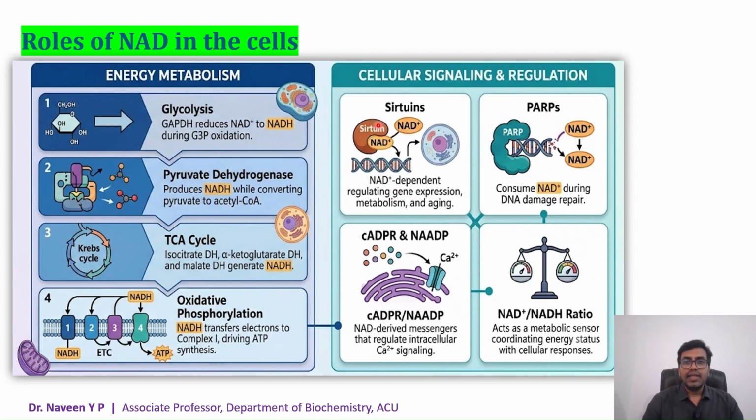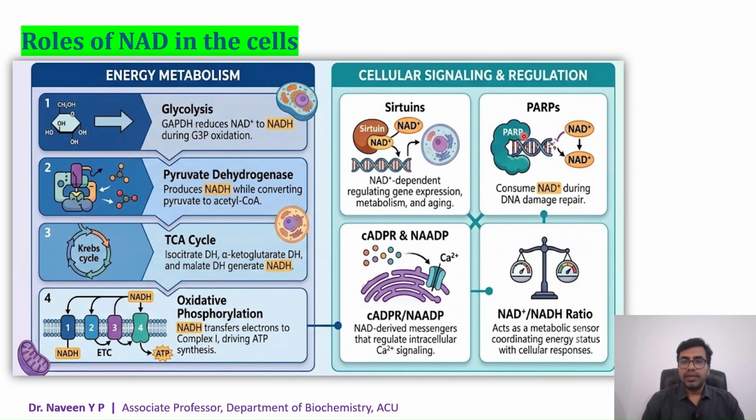These deacetylases mainly remove the acetyl groups present on proteins such as histones or other regulatory proteins, and thus they serve as regulatory agents. For these sirtuins to be active, they require NAD plus.